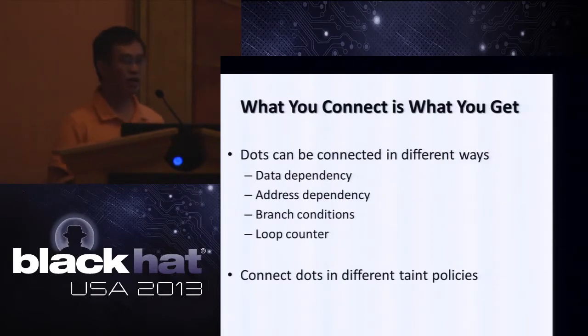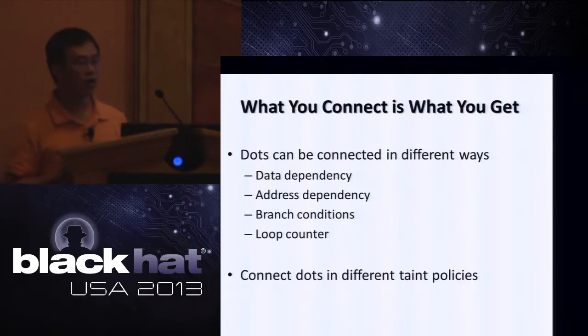It's not always that easy. As I mentioned, the data dependency is one way, but it's the basic, very common way to check. But the source can also affect the sink in different ways, such as the source might affect the address of your sink, or it might affect your sink by affecting your branch conditions. Essentially, it's affecting what code is executed. That's a kind of control flow tracking.